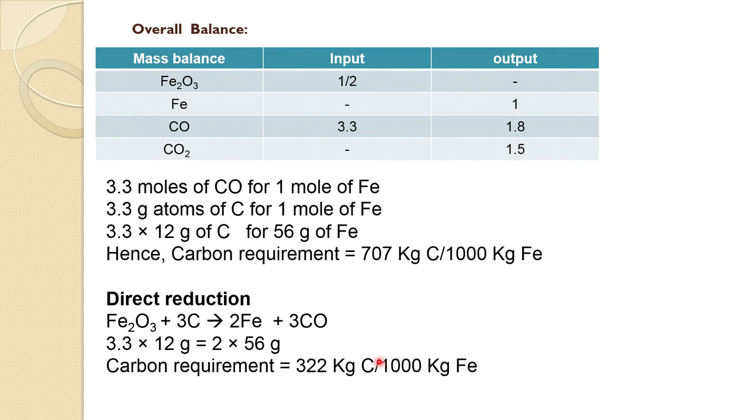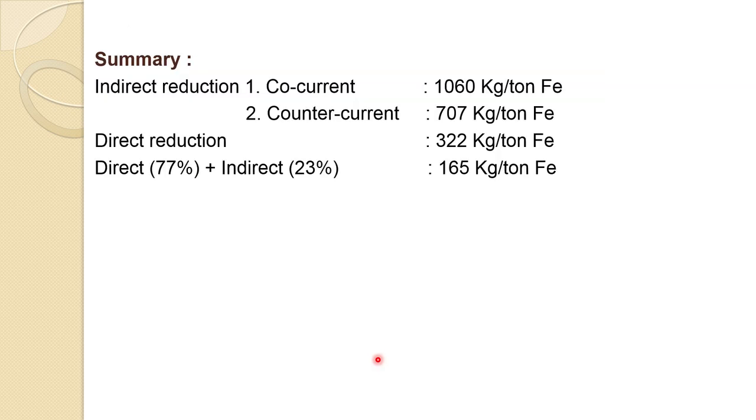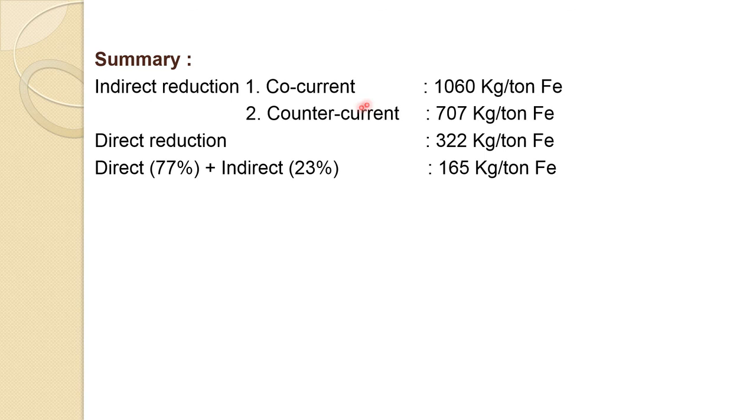So, if we put a summary all together, for co-current we need 1060 kg per ton of iron, for counter current we need about 707, for direct reduction we need about 322, and if we put a combination of these direct and indirect, you may see probably we can substantially reduce the carbon consumption.